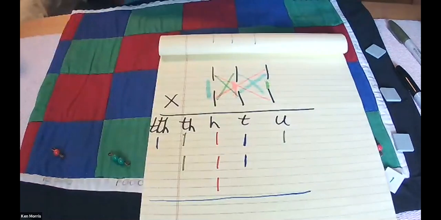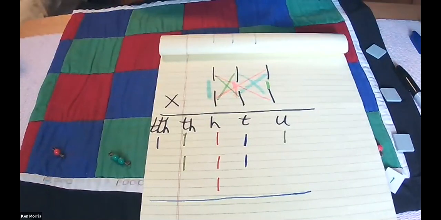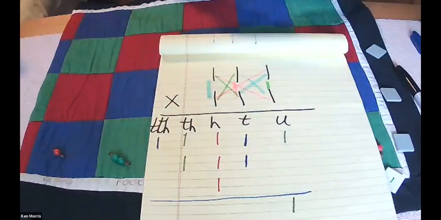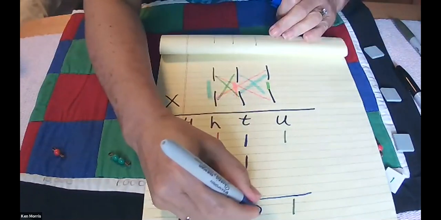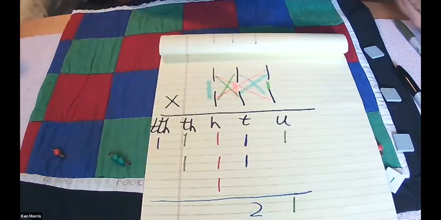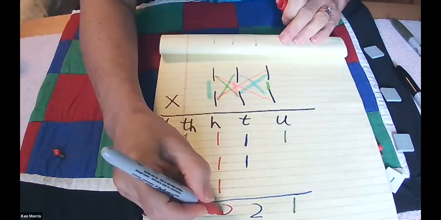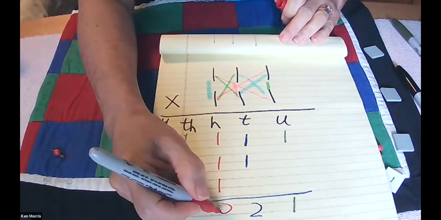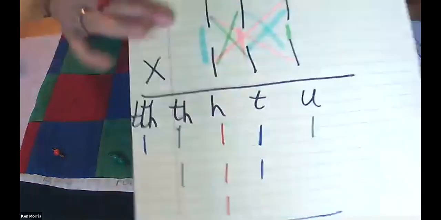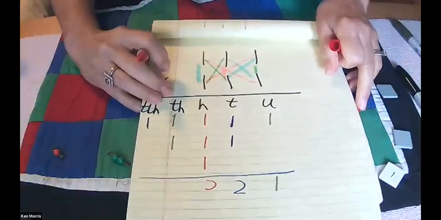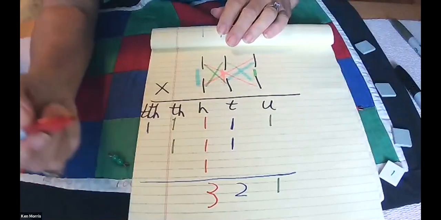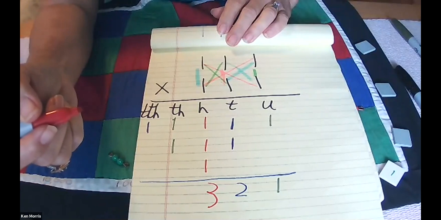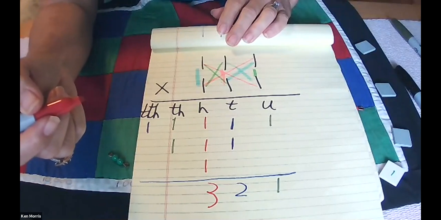So if we add all this together, we end up with 1 unit, 2 tens, 3 hundreds. Is that backwards? Is that okay, Marjorie? Shake your head yes or no. It's okay?